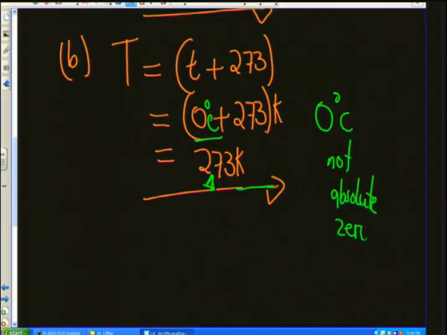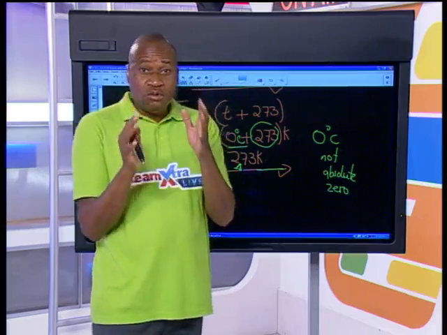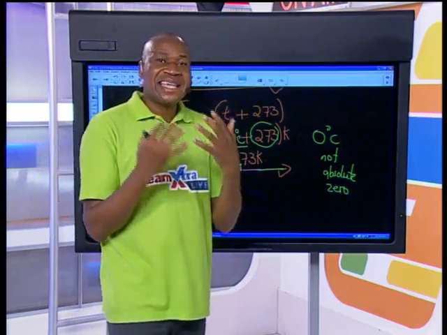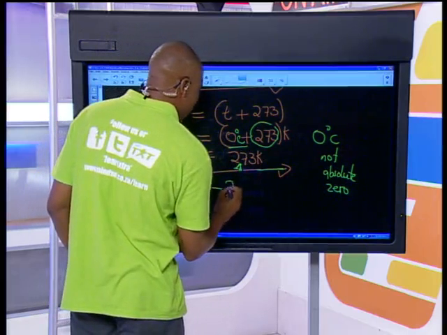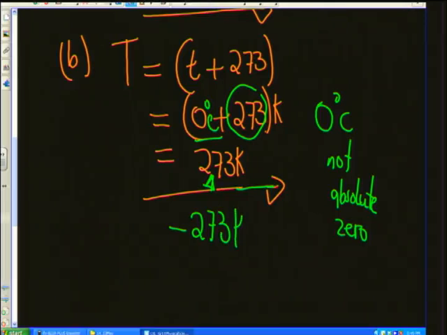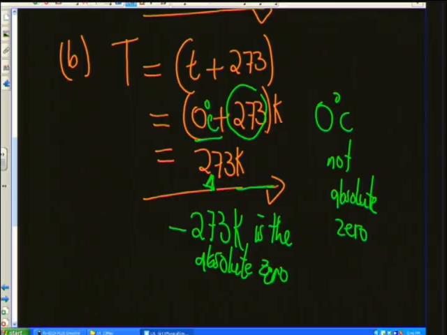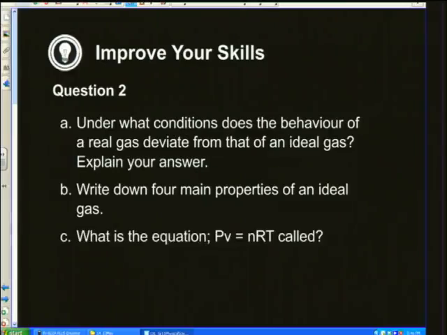Absolute zero is minus 273. From 0, you need to go 273 to the left to find absolute zero. So minus 273 is the absolute zero temperature.